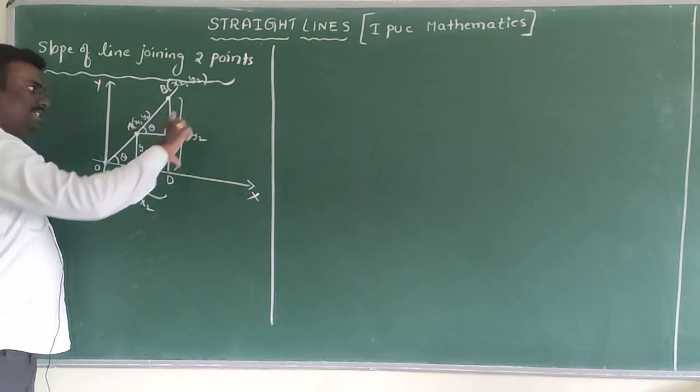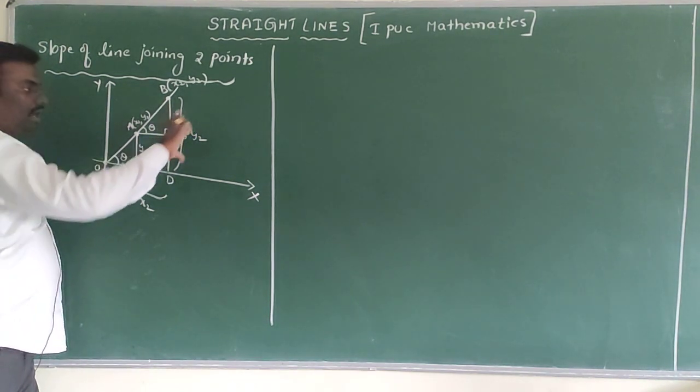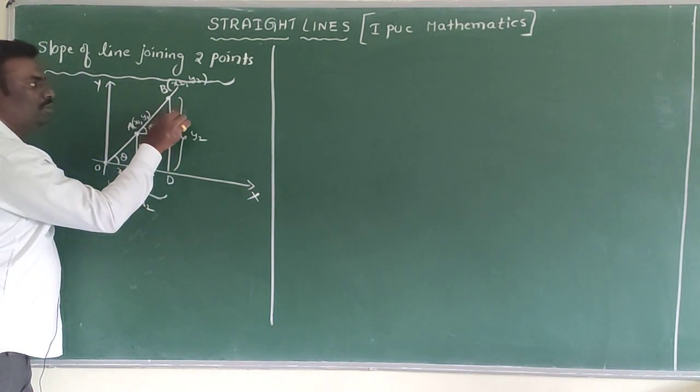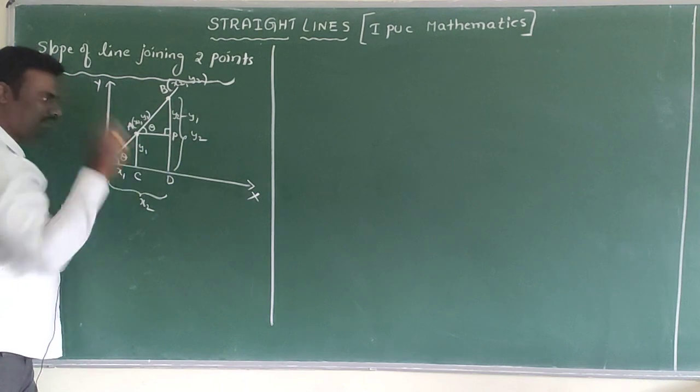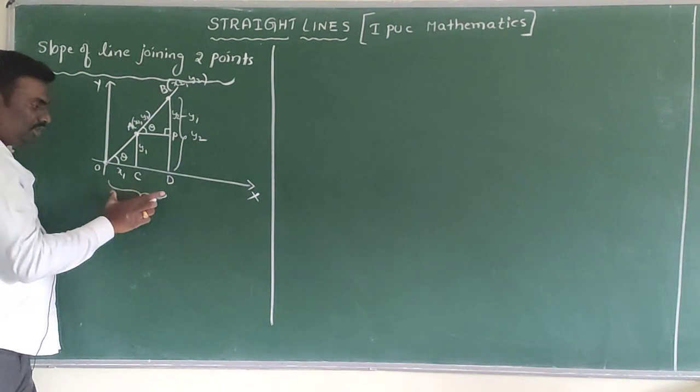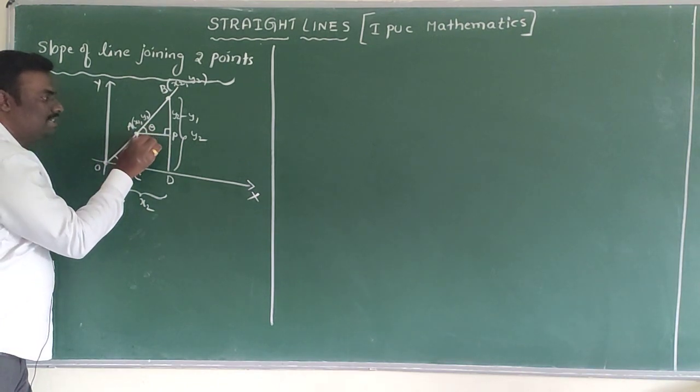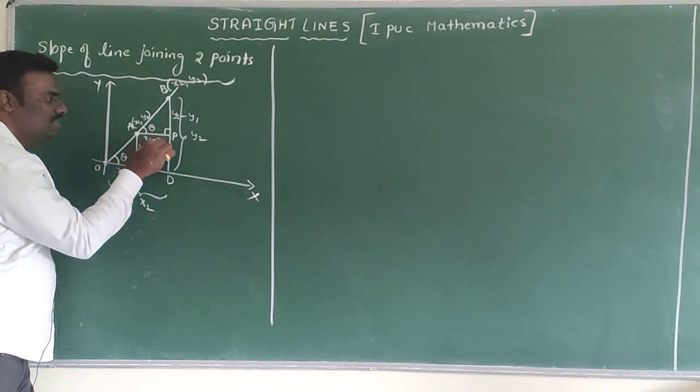Now this total is y2 and this is y1. That's why the remaining portion is y2 minus y1. Similarly, this total distance is x2 and this is x1, then the remaining distance is x2 minus x1.